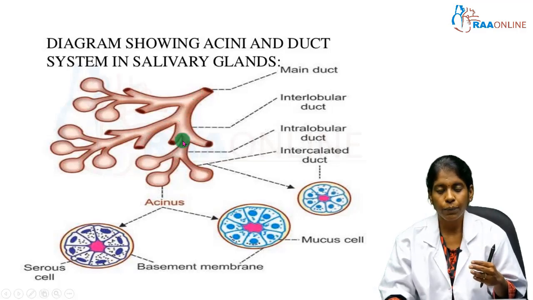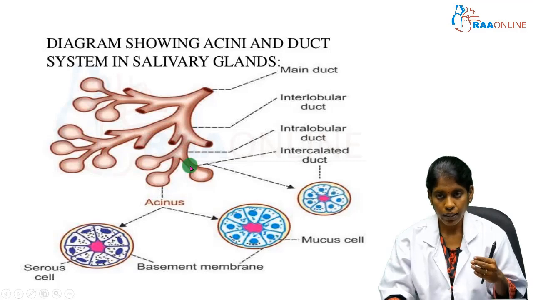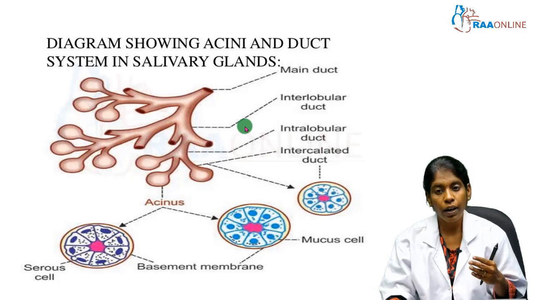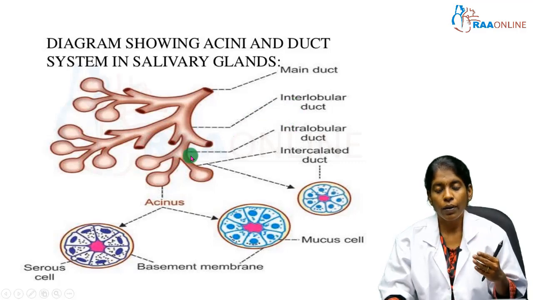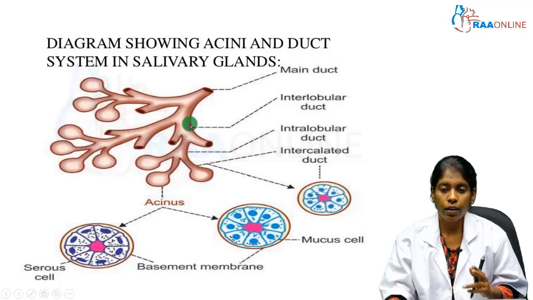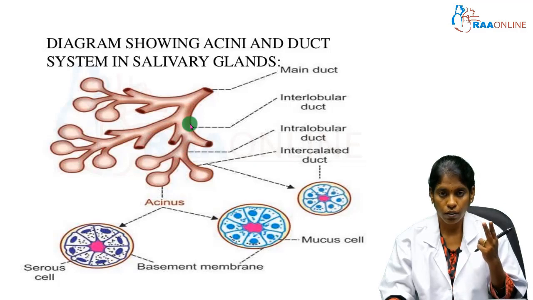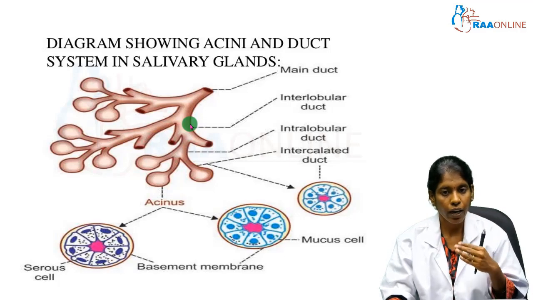If you see, the lining cells are different. The intercalated ducts are lined by cuboidal epithelial cells, whereas the intralobular and interlobular ducts are lined by columnar epithelial cells. The main difference is that intralobular ducts are lined by a single layer of columnar epithelial cells, whereas interlobular ducts are lined by two layers of cells: superficially columnar cells, and at the base flattened cells.